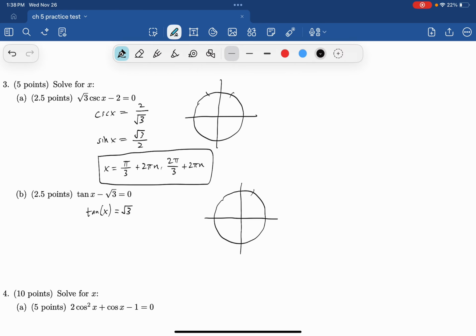And so that tells us that, let me label these. All right, the other point would have been, what is that, 4 pi over 3? But that's already accounted for in the fact that the period of the tangent function is pi, right? Because that's pi over 3 plus pi. And so our final answer is x equals pi over 3 plus not 2 pi n, but pi n.